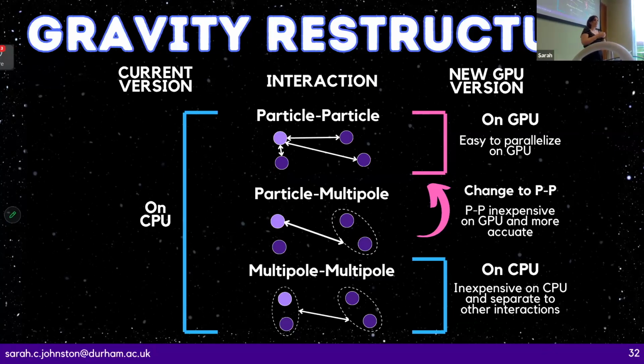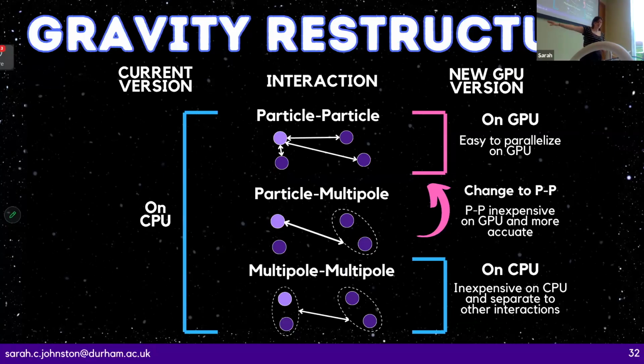Whereas the particle-particle takes eight inputs on average, depending on your cell, rather than eight just to build a multipole to check if we should do this. So it made a lot more sense to just use the data that we were sending anyway as much as possible. And when the computation is as good as it can be on the GPU and it's parallelized, it's not going to make that much of an overhead difference to us.